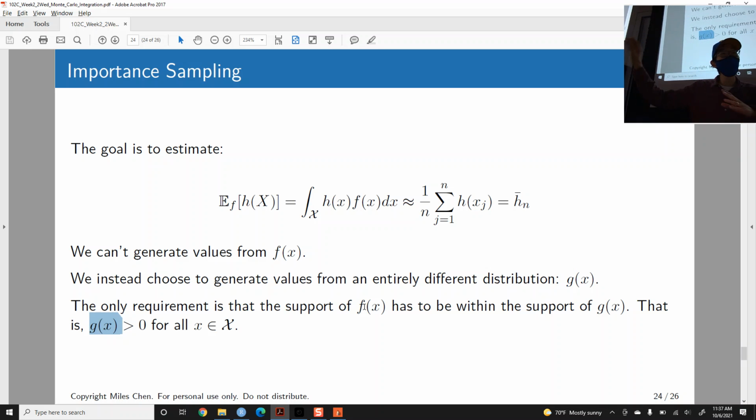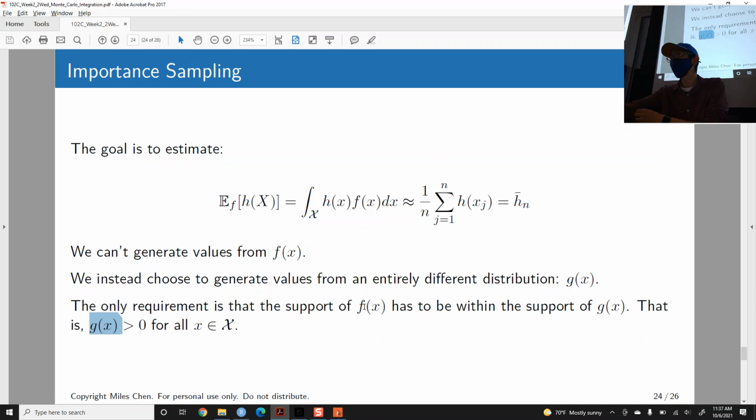So if f can produce random values of, say, 2 or 3 or 4, 3.7, then you can't use the beta distribution as your g, because beta can only generate values from 0 to 1.